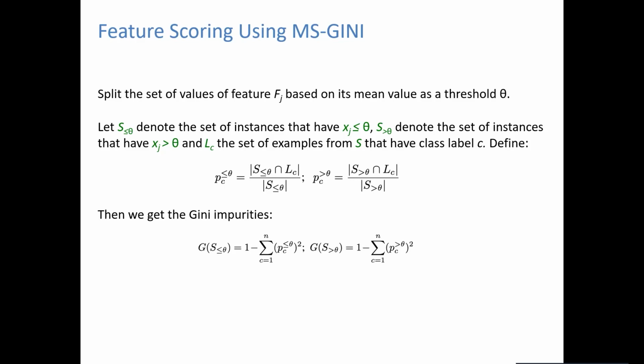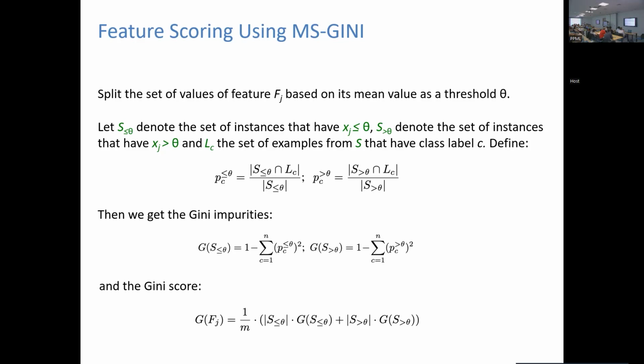So the Gini impurity of this set of the partition will be given by 1 minus the sum over all classes of P of C, being bigger than theta, squared. In a similar way, you can define it for the one smaller than or equal to theta, and the one bigger than theta. Sorry.